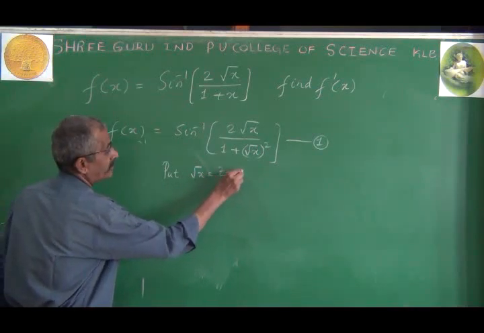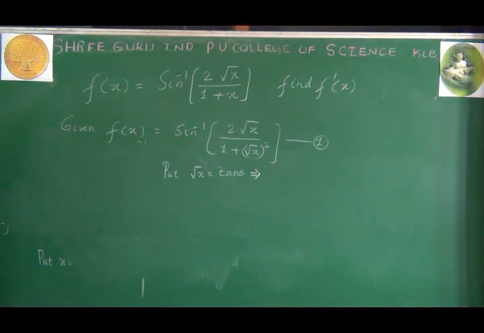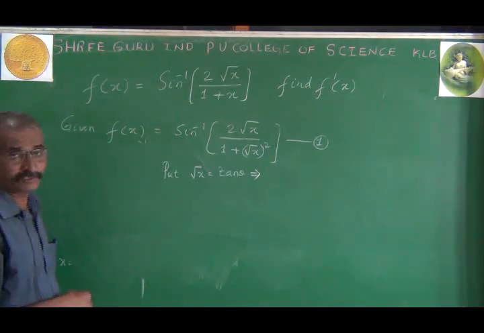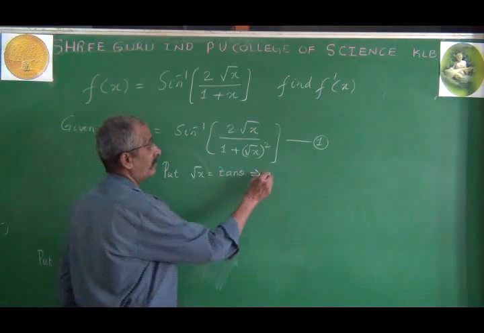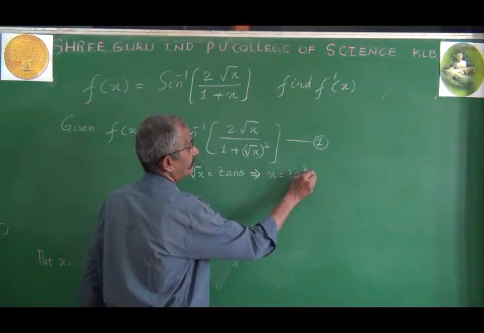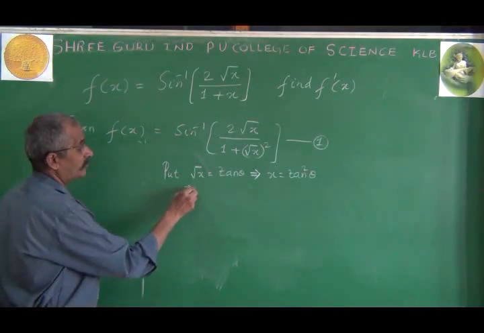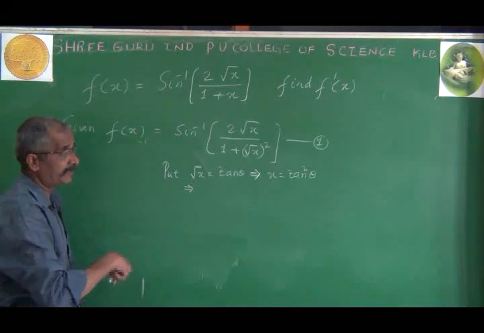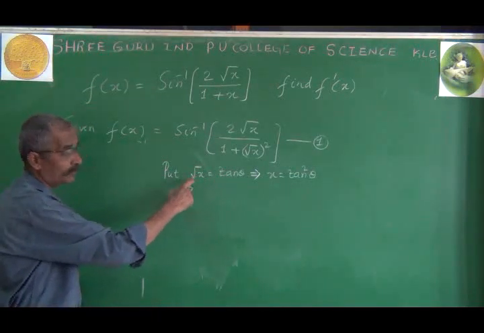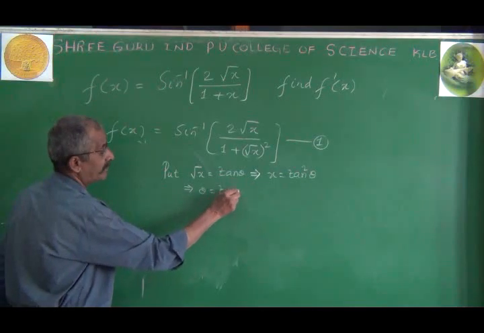So putting root x equal to tan theta is equally the same as squaring on both sides: x becomes tan square theta. Also, as you know, we have to get back theta in terms of x compulsorily. If tan theta equals root x, then theta will be equal to tan inverse of root x.